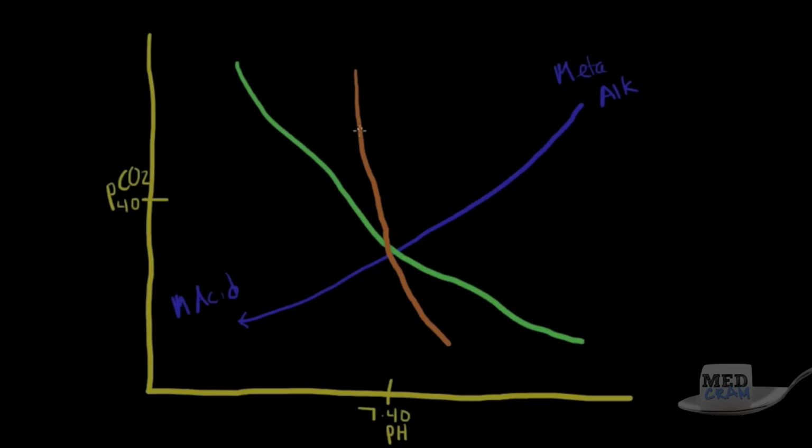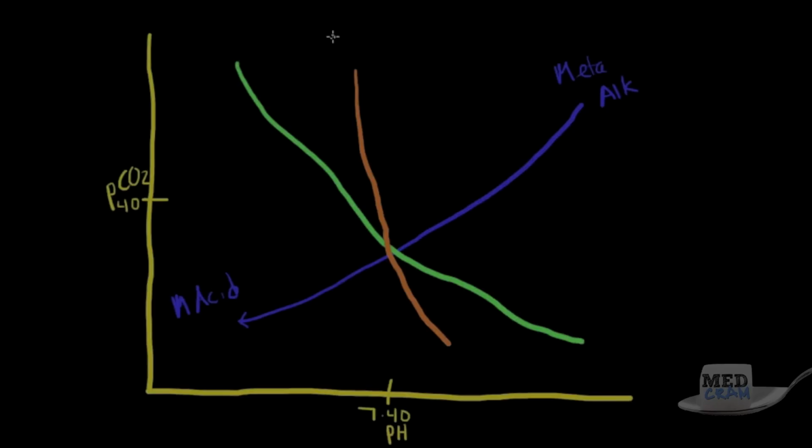Notice, though, that this one here has less play in terms of the pH. And so if you were to conclude that this must be a chronic line here and this must be the acute, you would be right, because the chronic allows for kidney compensation and there's less shift.